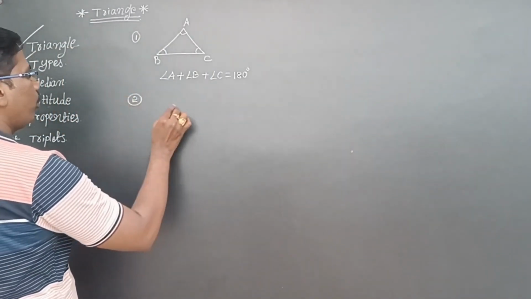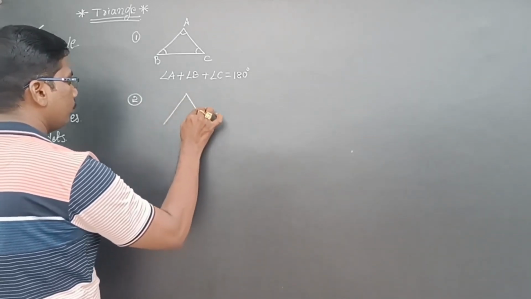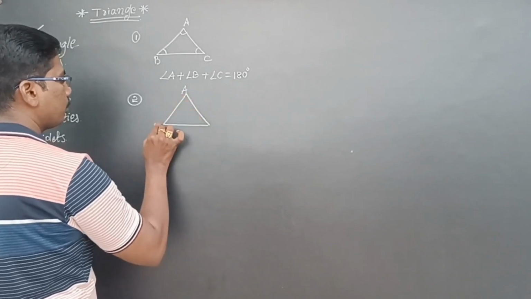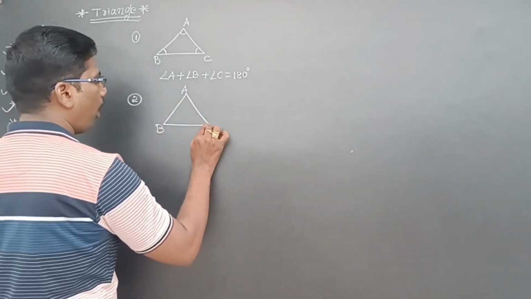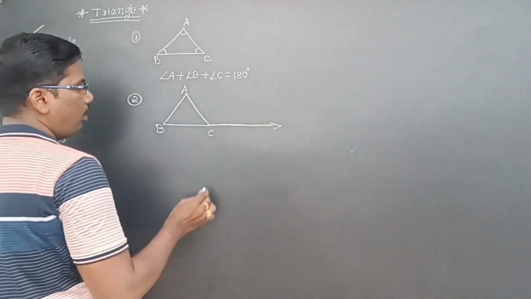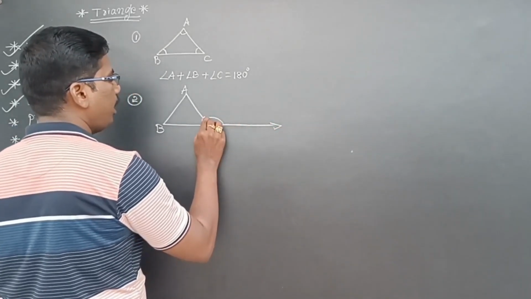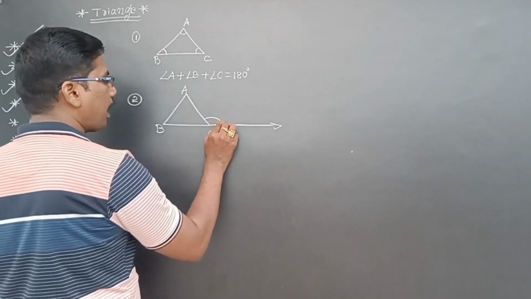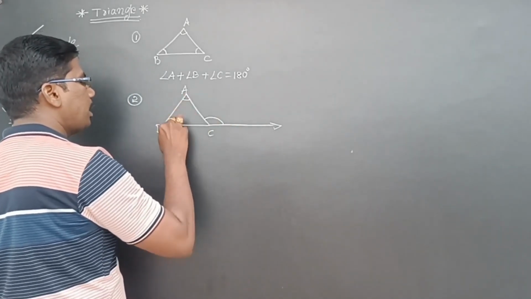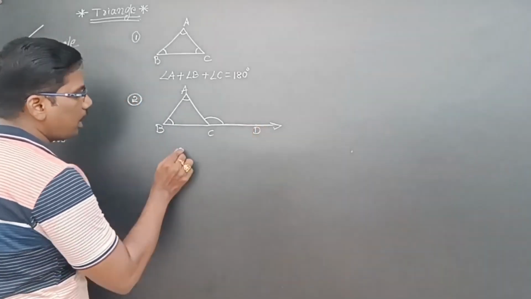Next, the second most important property is the exterior angle. Now I am extending the BC side. If I extend the BC side, I get an exterior angle. This exterior angle is nothing but the sum of the opposite interior angles.